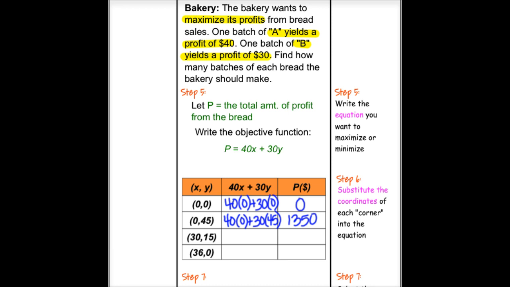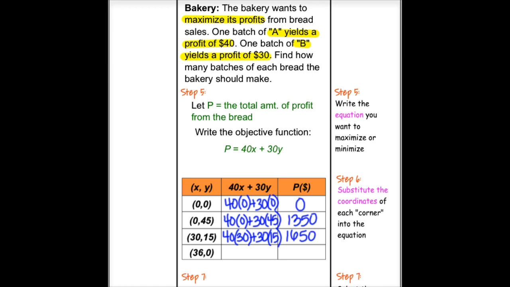So then we'll take 30 and 15, so 40 times 30 plus 30 times 15. I know that 40 times 30 is 1,200, and 30 times 15 is 450. So we get 1,650.